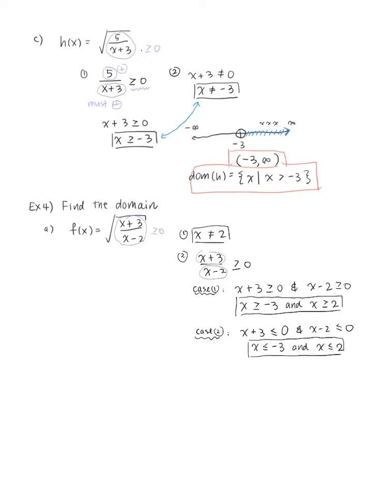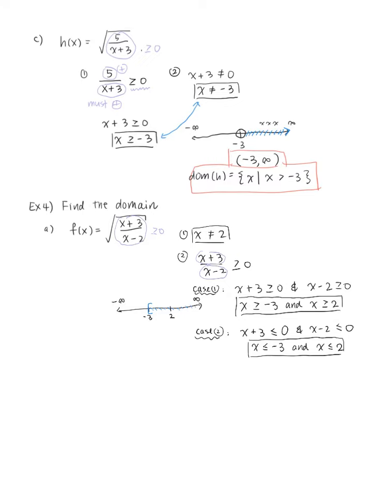Then let me just draw the picture here. I'm going to draw the number line on the left. And so we've got negative 3 and 2 as key points. So negative 3 and 2. From case 1, x better be greater or equal to negative 3, so this is going to be going this way.